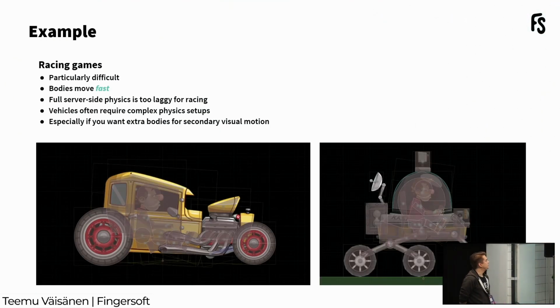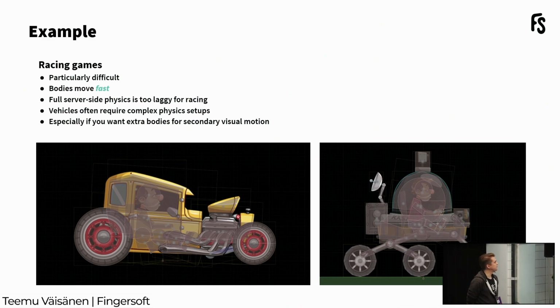We make quite a lot of racing games, so I think this is a good example of the difficulties you might face. I would say racing games are a particularly difficult case for physics and multiplayer. The bodies move fast. Of course, the full server-side physics option is not an option for a racing game. It's almost impossible to drive with so much input lag.